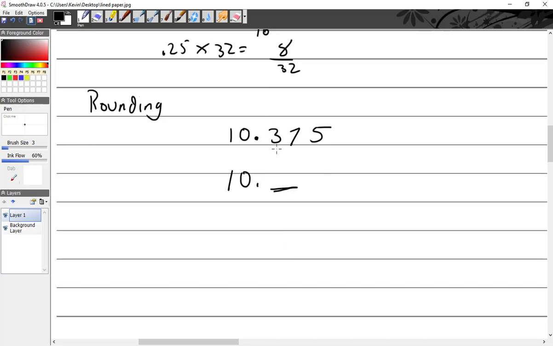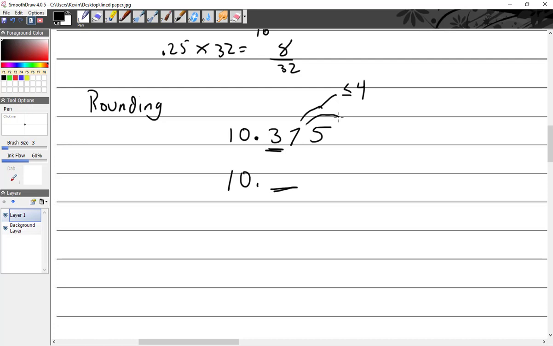All right, so what we're going to do is we're going to take whatever it is we're trying to round, and you can draw a line under it. You can look at the one to the right. If this number is equal to or less than what number? 4. Equal to or less than 4 stays the same.